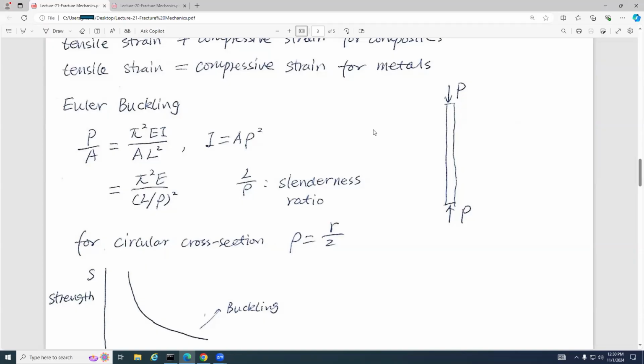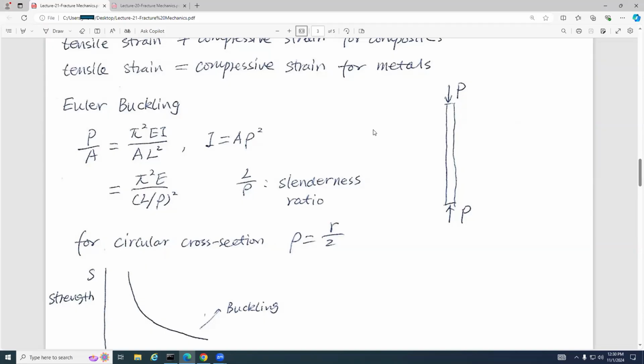Why not just the length? If we only take care of the length, sometimes we might be misled. Even though the length is very long, if the cross-sectional area is huge, we still will not have a buckling problem, right?